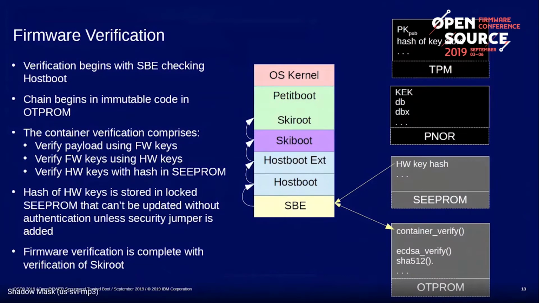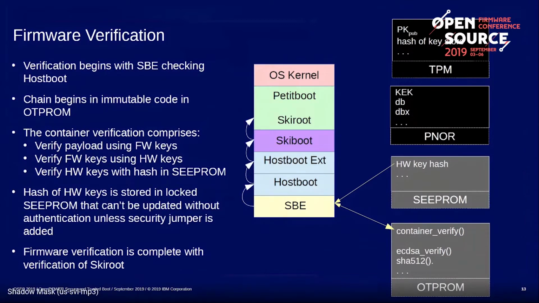So once again, verification begins with the self-boot engine checking host boot. And the chain really begins in the ROM code that's immutable. So it's a true immutable chunk of code, and it's got all the verification routines in it, and that can't be changed.